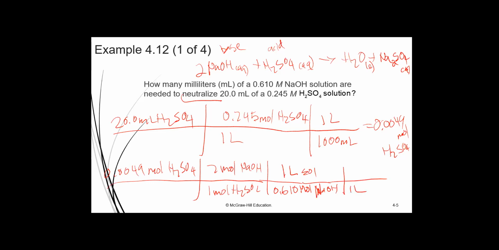And we know 1 liter of solution is 1,000 milliliters. So 0.0049 times 2 divided by 0.610 times 1,000. And we find out we need 16.07655 milliliters of our NaOH, which is really 16.1 when we think about our sig figs.